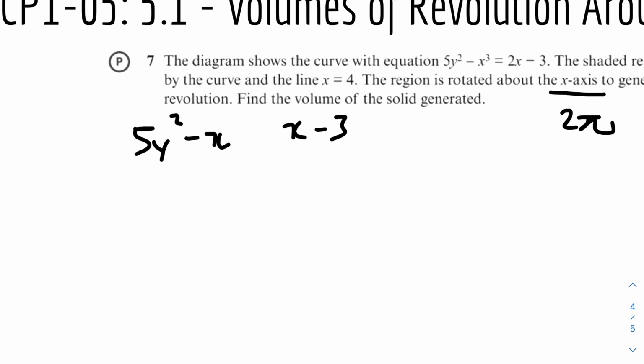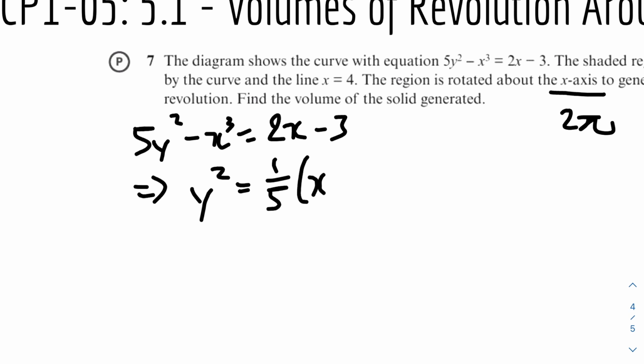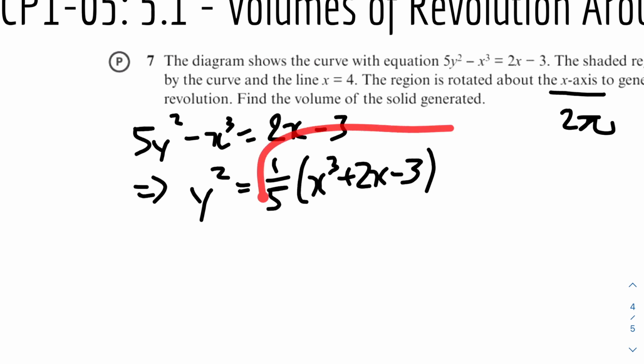Rearranging it gets us y squared equals 1 over 5 times x cubed plus 2x minus 3, like so. So it would be tempting to just square root both sides to get y, but remember that in the integral we need y squared, so we basically already have y squared right here. So we can just remain as it is and just move on to the volume.